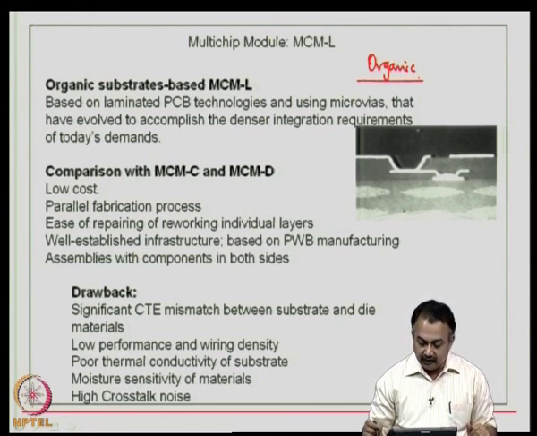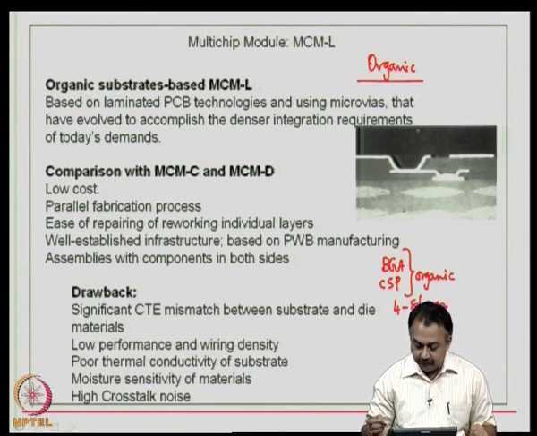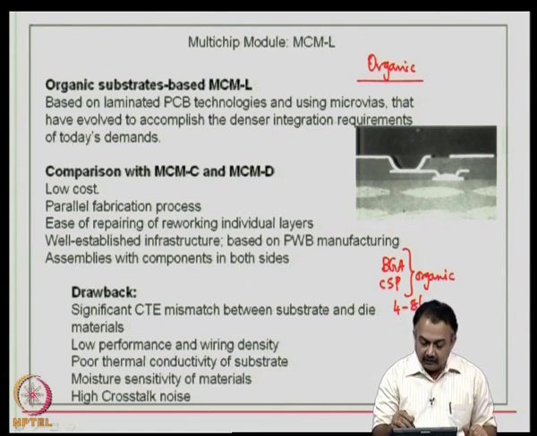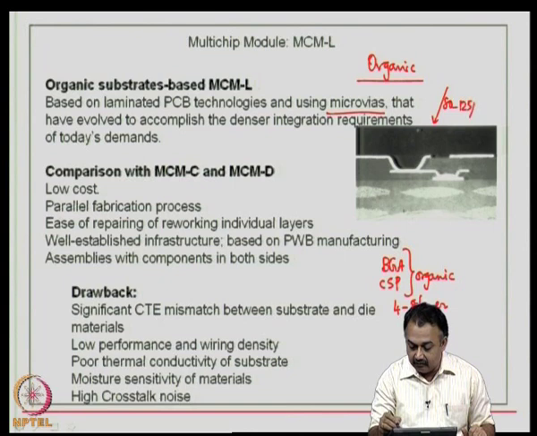Earlier I had shown you samples of BGA and CSP, which are made out of organic substrates, and as you would have seen in the structure I illustrated earlier, typically they are 4 to 8 layer organic substrates, and the interconnects in each of these layers are connected by what is known as micro vias, and these micro vias, as you see here in this picture, are of the order of 80 to 125 microns.